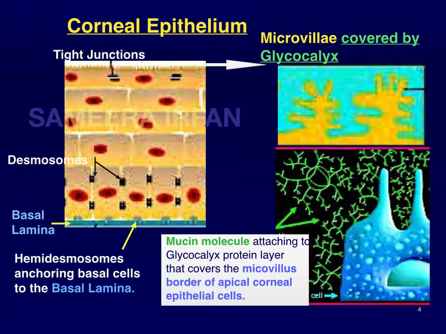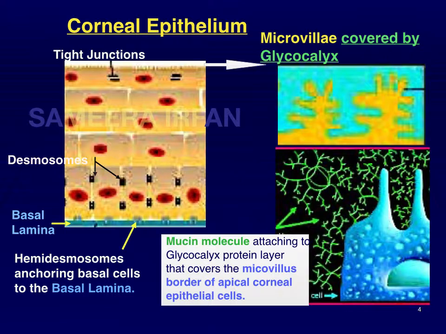The mucin in this figure is shown by the green color, and the microvilli and the glycocalyx are shown by the yellow. So the mucin and glycocalyx complex makes the corneal surface hydrophilic, over which the aqueous layer of the tear film can stabilize.